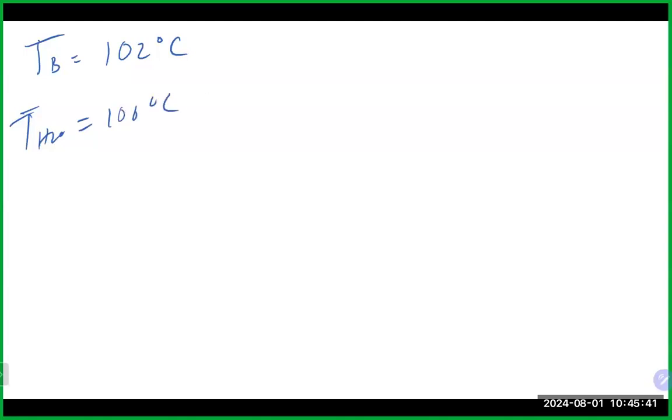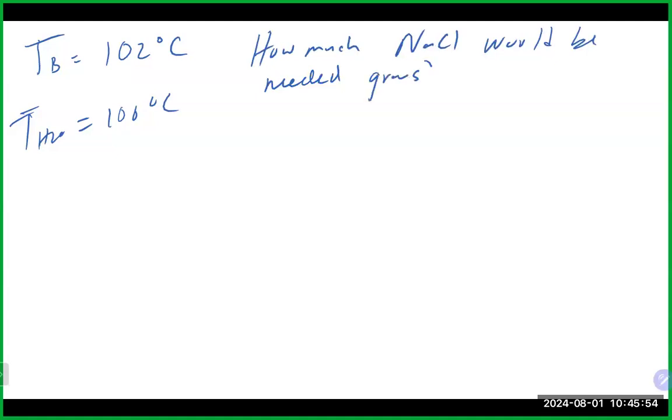So how many grams of sodium chloride would be needed to raise the boiling temperature of water to 102 degrees?